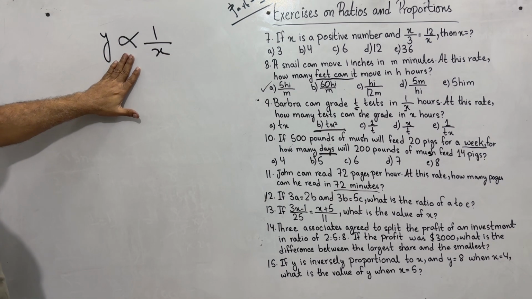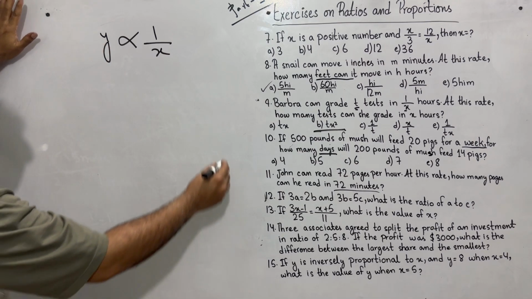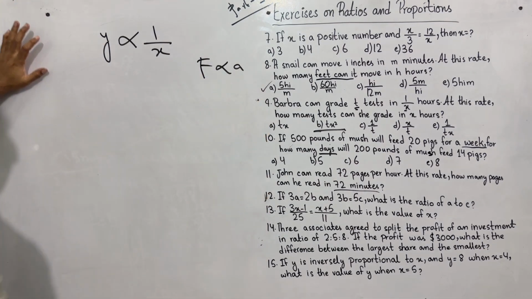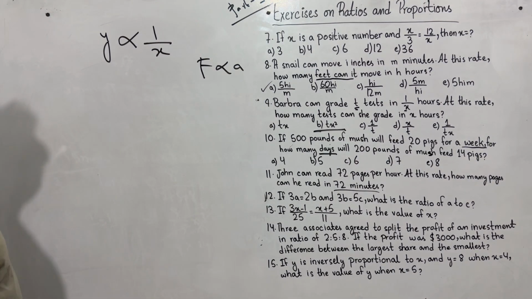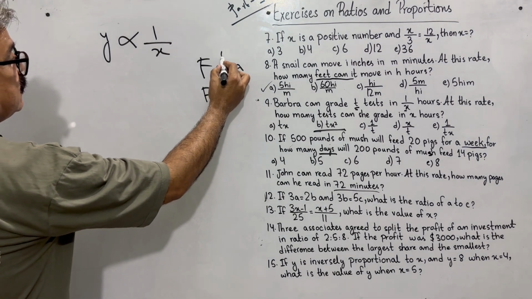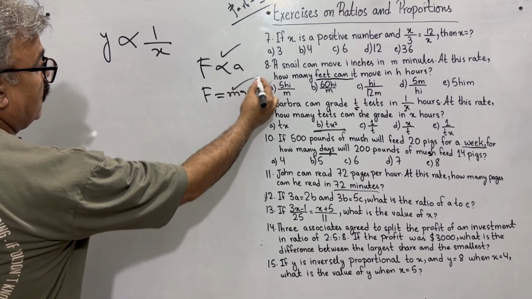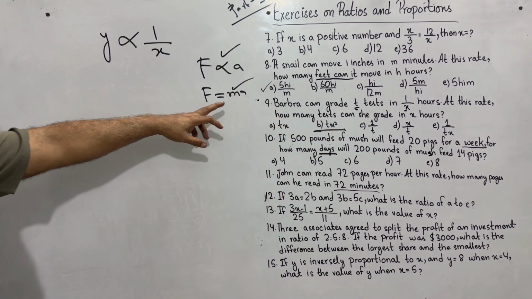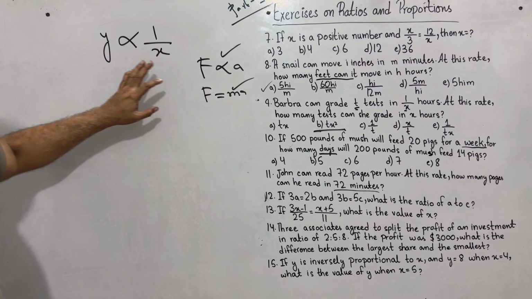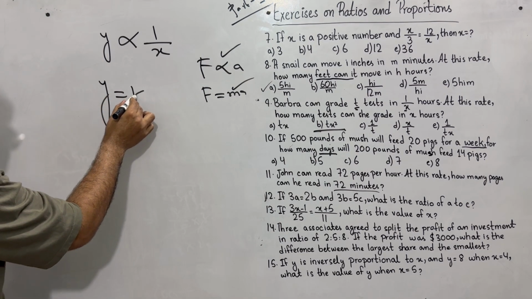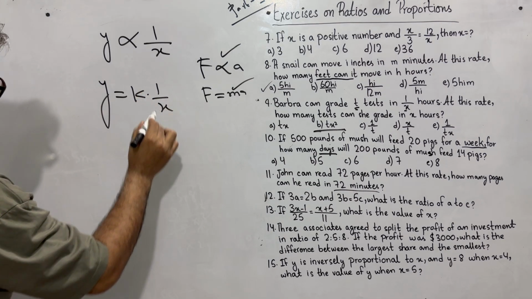Whenever we remove the proportion sign, as in Isaac Newton's second law, force is directly proportional to acceleration, we remove the proportionality symbol by introducing a constant, mass. In the same way, we introduce a constant here, k times 1 over x.